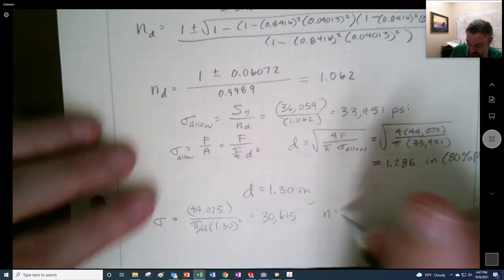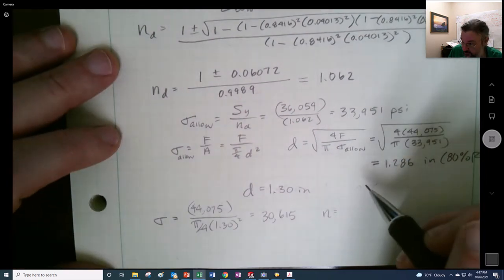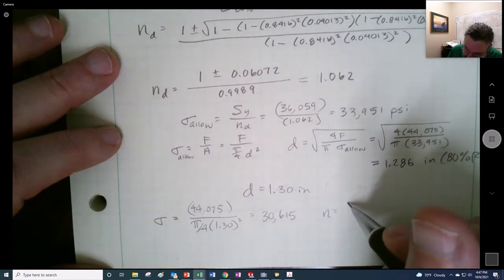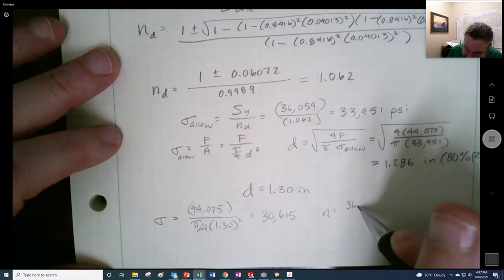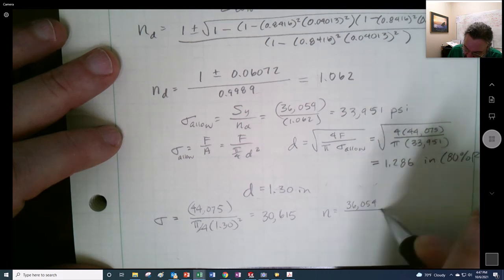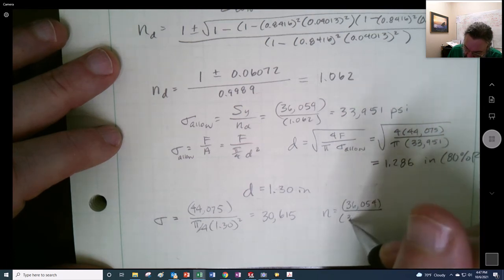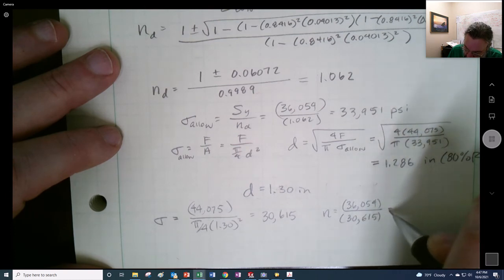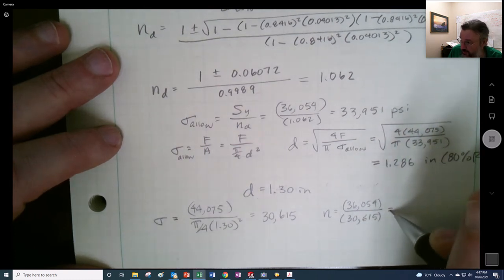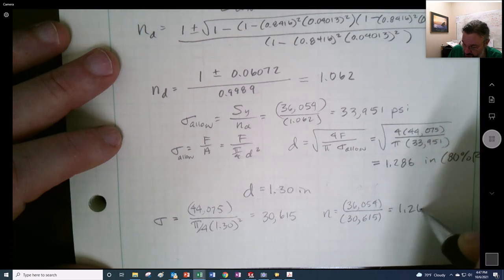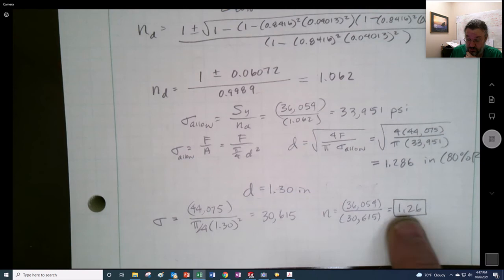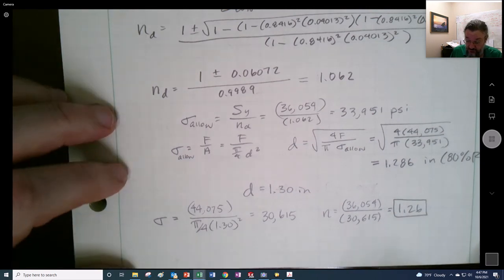So my safety factor for this is going to be 36,054, the strength, divided by the stress, and I say that's going to have a safety factor of 1.26. All right, so do not use more than 2 decimal places when reporting a safety factor.